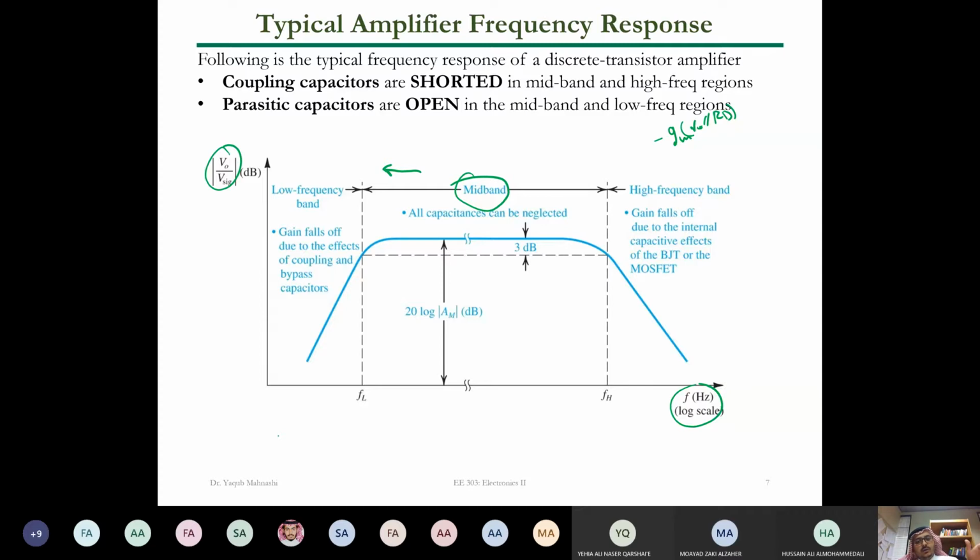If you decrease the frequency, the gain will decrease. This is what we call the low frequency band, and the gain here will be the gain of the circuit in the low frequency band, the LF.